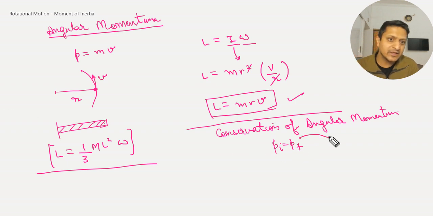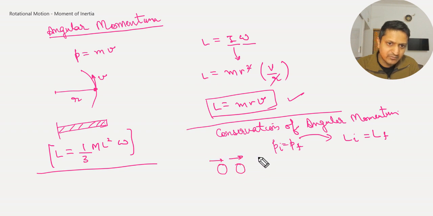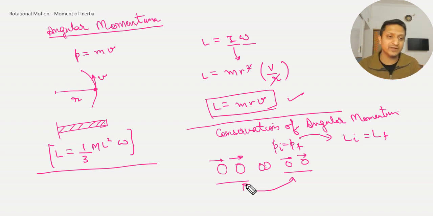Similarly, L initial will be equal to L final. What it means is, we have discussed like there is some momentum, then there is a collision, then there is another momentum, and we say that momentum for this will be equal to this. If you remember the collision part that we have done.